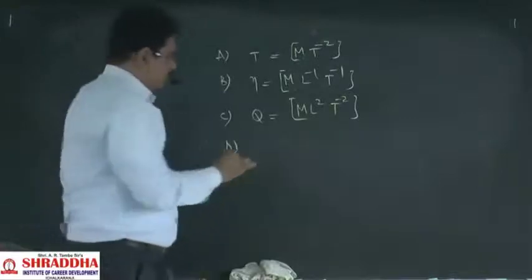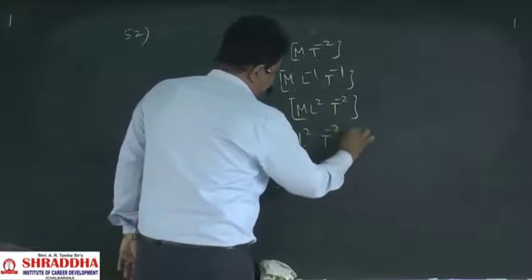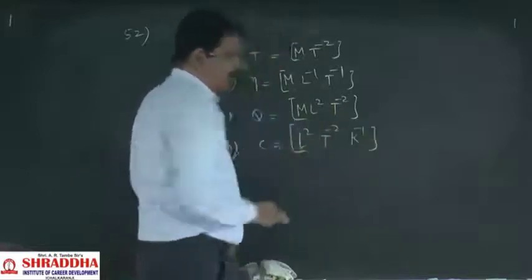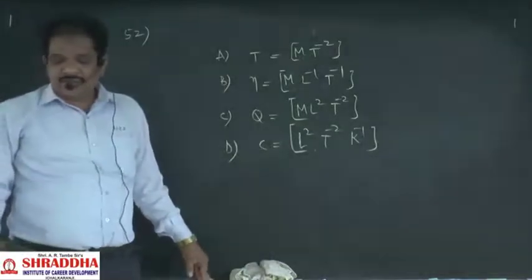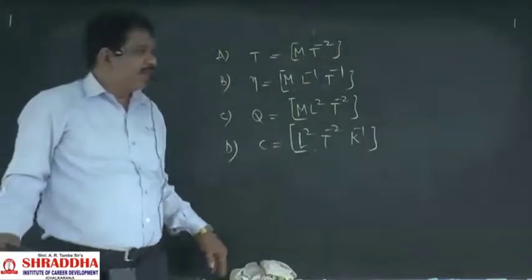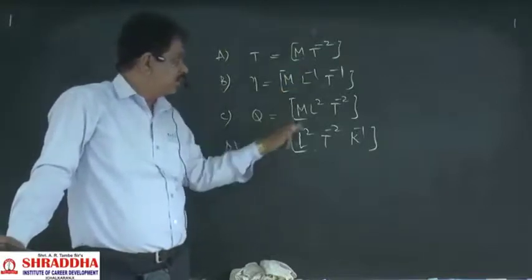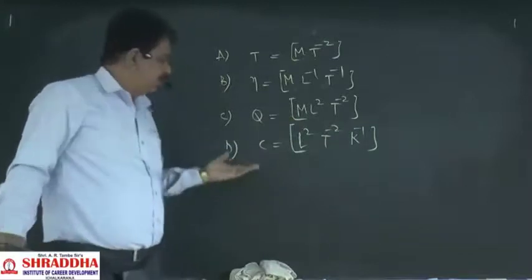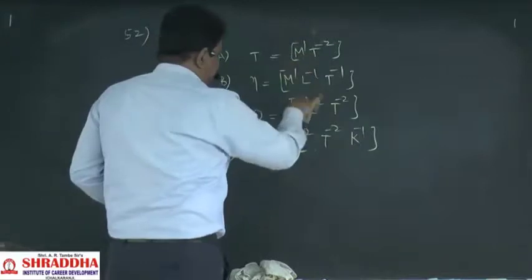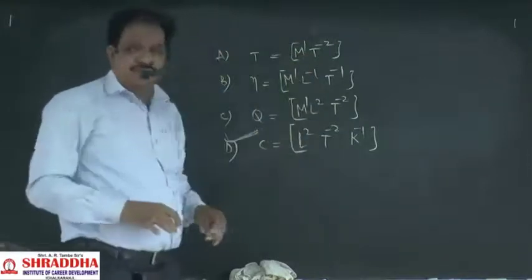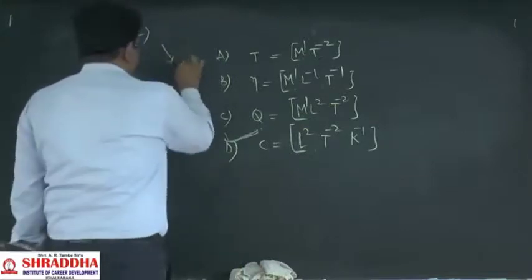Specific heat capacity is L square T power minus 2 K power minus 1. So the question is which quantity has dimension of m equal to 0. Here m power 1 is there in the others, but here there is no m. So 52 will be D.